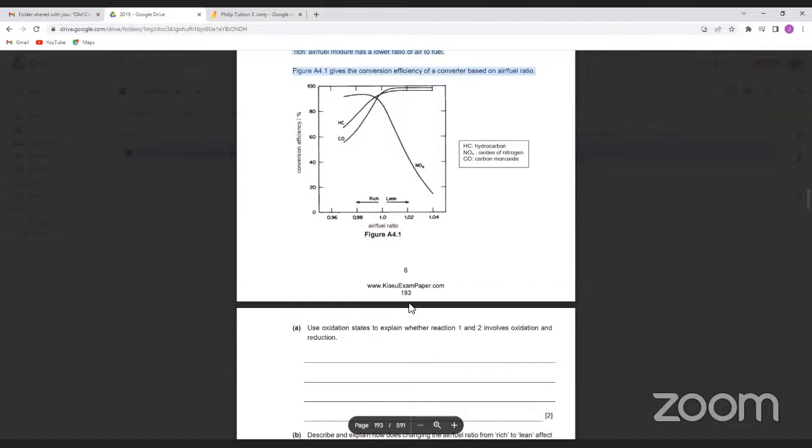Do you understand the graph and the question? I think so, but it's a bit complicated, but I think I understand.